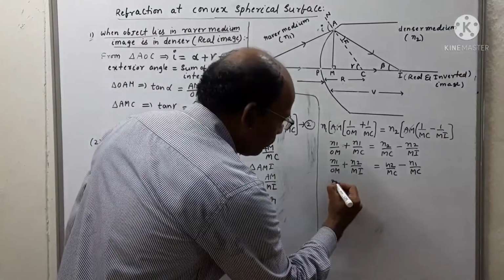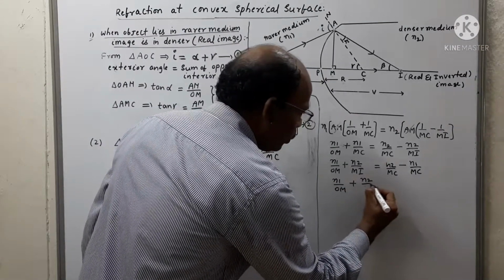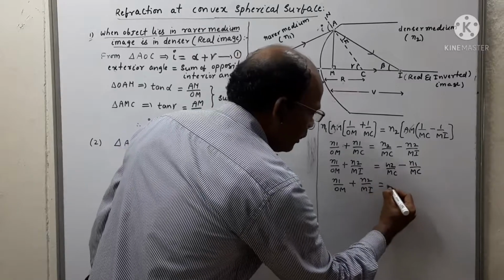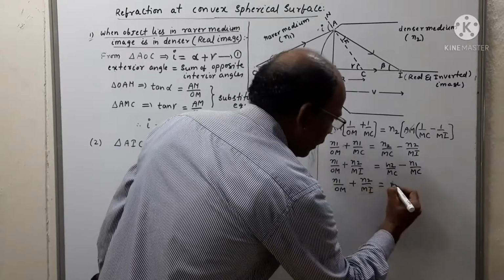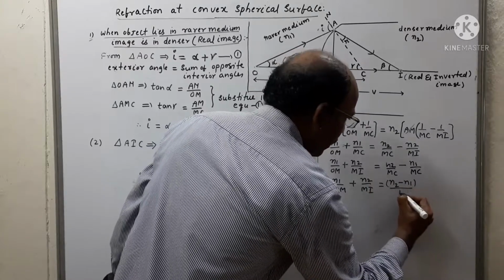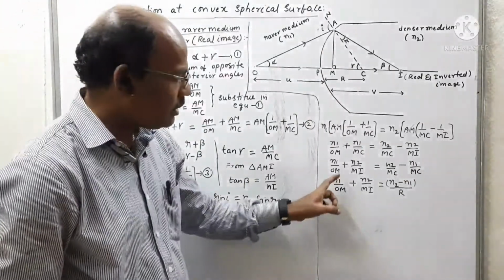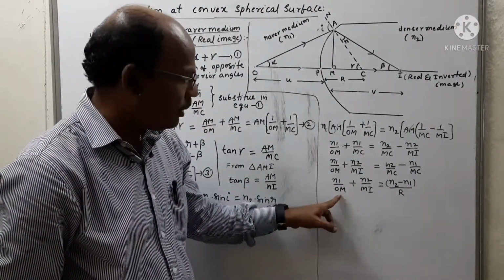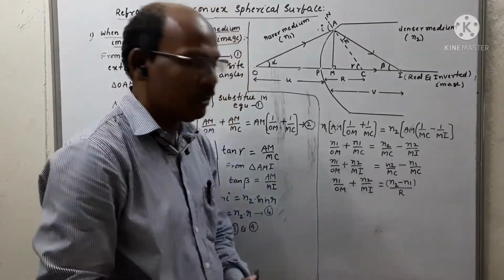So this becomes N1 by OM plus N2 by MI. Take 1 by MC common, or this can be written as N2 minus N1 by R. And the final expression is N1 by OM plus N2 by MI is equal to N2 minus N1 by R.